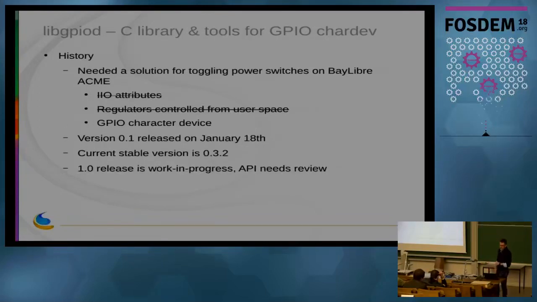I noticed that the SysFS interface is not very useful, and I tried to implement it in the kernel. First I sent some patches to the IIO framework. But this was shut down because these GPIOs were not really associated with any device and had nothing to do with the industrial input-output framework itself. Another try was to use the regulators and control them from user space.